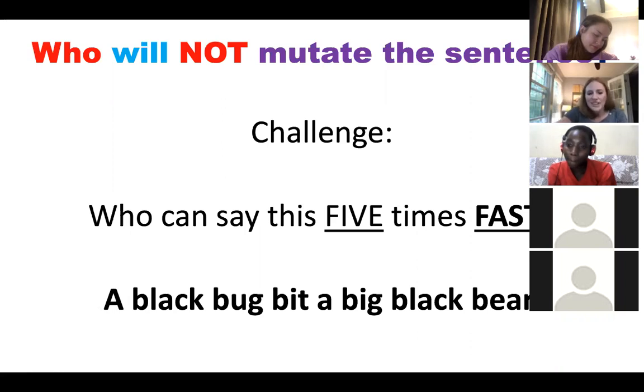And a point mutation is something like, for instance, if I said a back blug bit a blig back blare, okay? So what I did was I removed this L, put in an L here, put in an L here. I was just adding different letters that really don't belong there into this sentence. But I'm doing it by accident. It's all by mistake. I don't mean to do it.